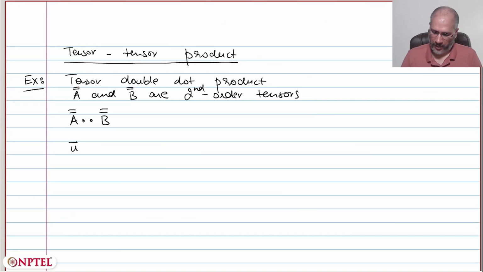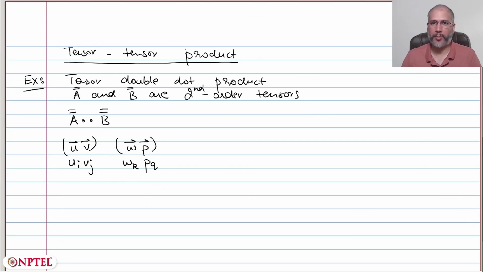When we had dyads, we had a dyad UV which was multiplied to a dyad WP. Let's say these are the two dyads. So the indices we had were Ui, Vj, and we would have Wk, Pq. We still haven't applied the double dot product yet.